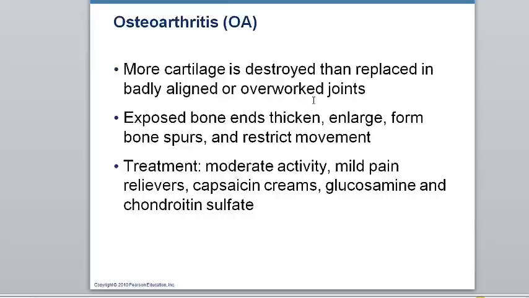You lose the menisci, lose the fluid lubricant that is within, and your bone starts rubbing. Once the bone starts rubbing, it starts thickening up and produces pointy bone structures called bone spurs, which worsen the condition and restrict the movement considerably.